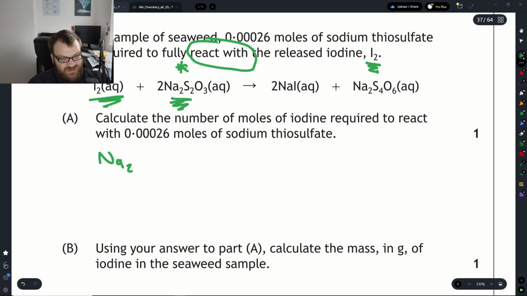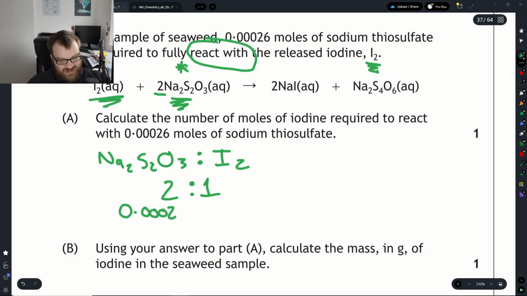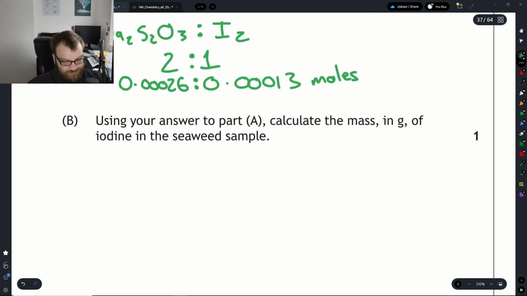We've got Na2S2O3 reacting with it. There is a 2 in front of it as a balancing number. That means it's a 2 to 1 ratio. We have got 0.6, then our iodine side is half of that. Divide it by 2 and that gets you 0.3.